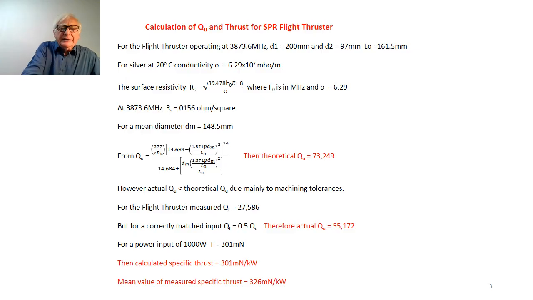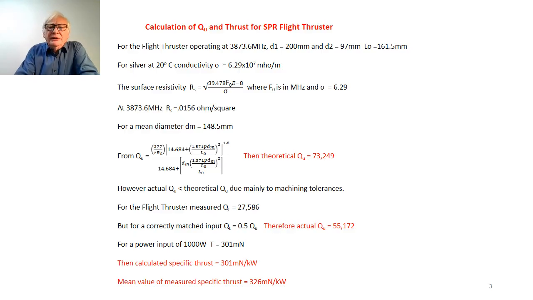As well as the design factor DF, the other important term we need to look at for calculating the thrust from our thruster is the value of the unloaded Q_U. Now, to calculate Q_U, you need to know the two diameters, D1 and D2.